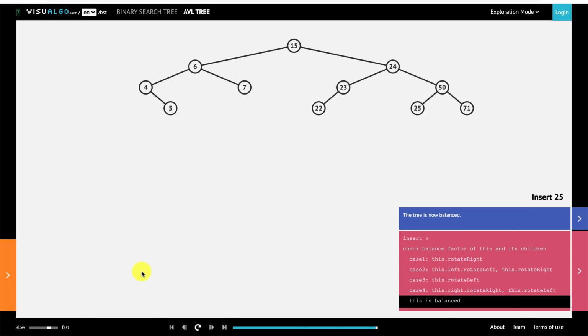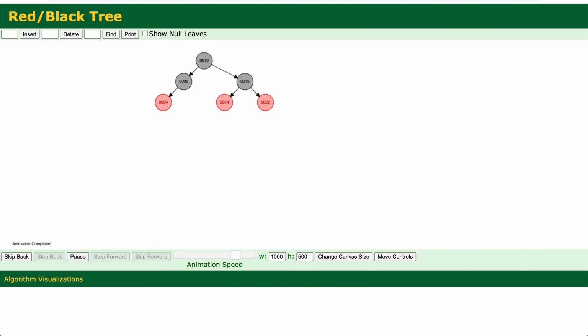So we can see here that once the tree got out of balance, it recognized this and then rebalanced the entire tree to maintain these log n operations. For a red-black tree, it maintains if a node is red or black by storing an extra bit within that node, and then it will rebalance the tree if any of its parameters are off.